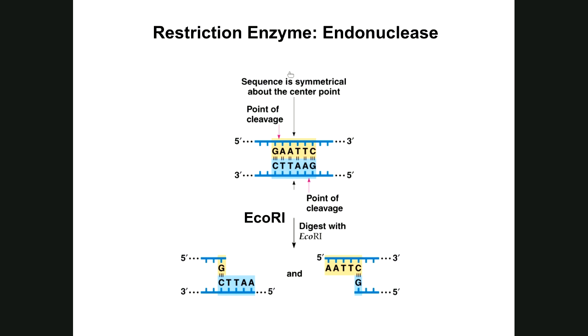It doesn't make a straight cut through the double strands. It makes a cut here and a cut over here, so that when it cuts the viral DNA, we have what we call 5' overhangs, which in lay terms are known as sticky ends.